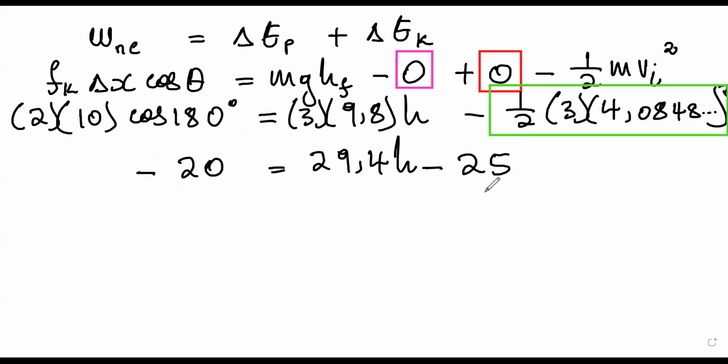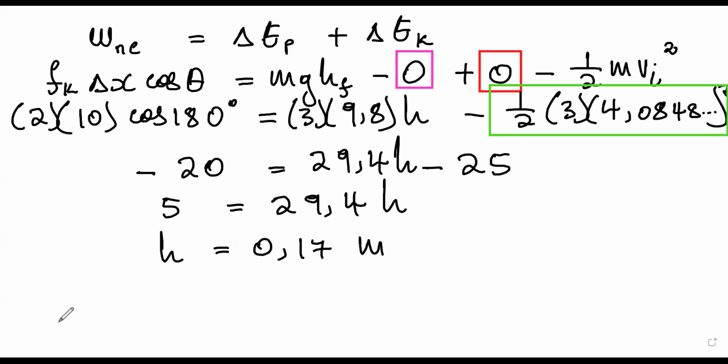Cosine 180 is -1. -20 plus 25, it is 5. And this is equal to 29.4 h. And when you say 5 divided by 29.4, well, you find that your height is simply going to be 0.17 meters. And this is your height above the ground, and your happiness will be complete.